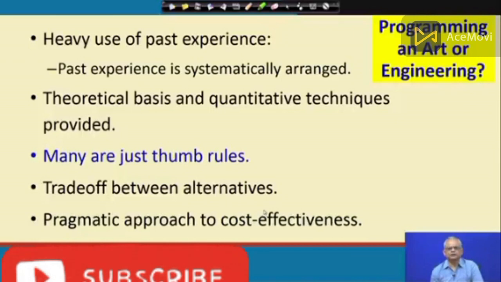All these techniques have been systematically organized, so that somebody can go through these topics and be a good programmer, be able to write large programs in a team, and so on.